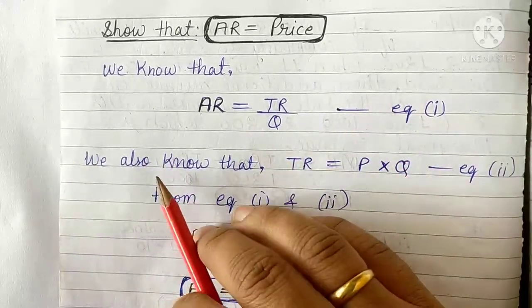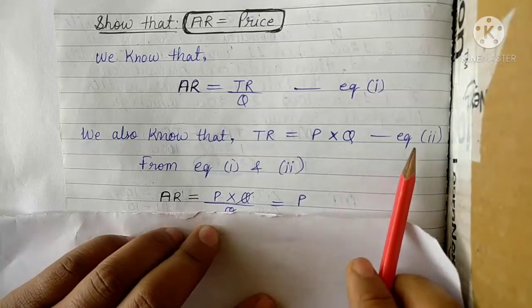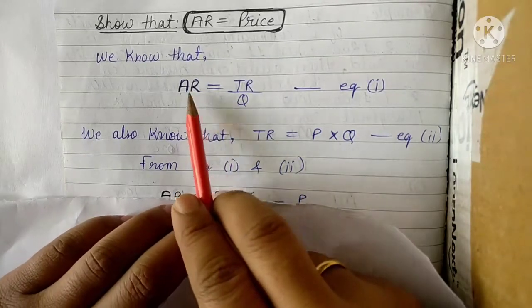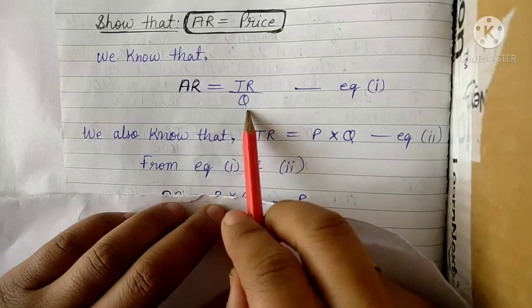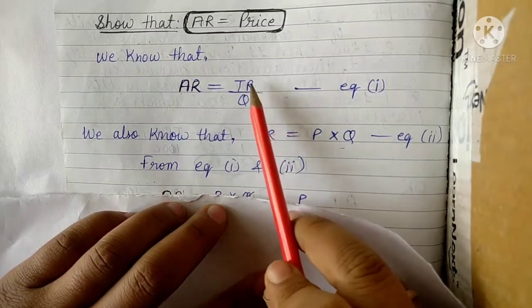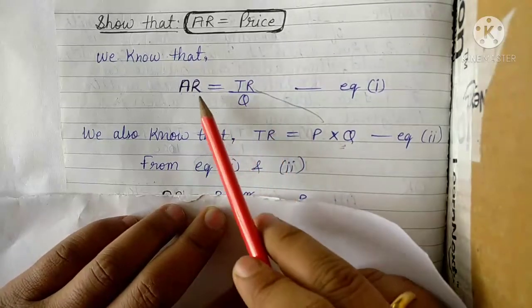Now see, we also know that TR equals P into Q. This is our equation number second. Now from both equations, first and second, we can say that AR equals TR divided by Q, and we are saying that TR equals P into Q. So in place of TR we can write P into Q. So now see what will come.